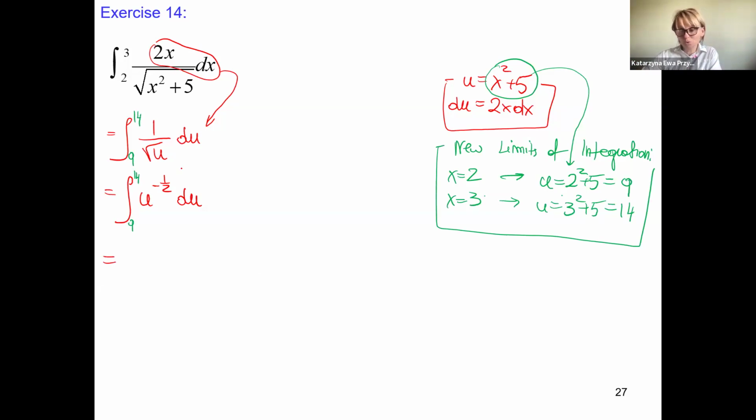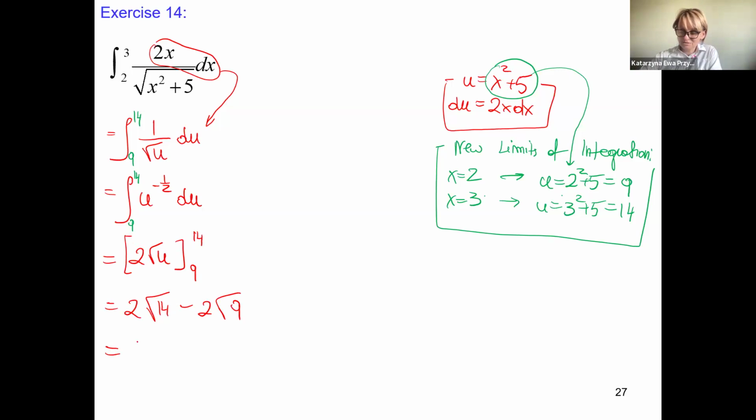The integral of u to the negative half will be u to the positive half over half, which is 2 square root of u, from 9 to 14. Beautiful. 2 square root of 14, minus 2 square root of 9. We can substitute them right away.